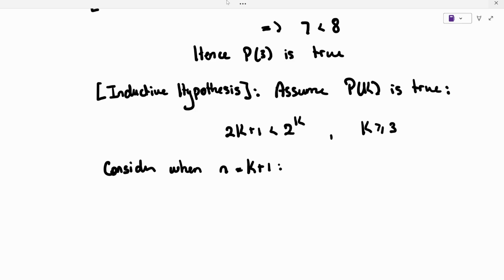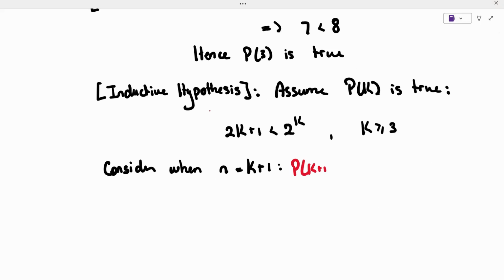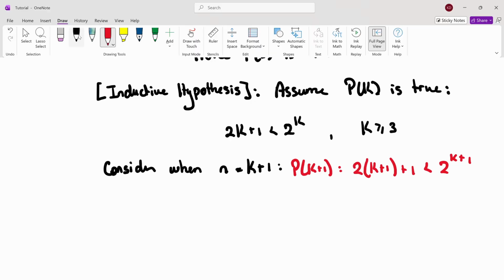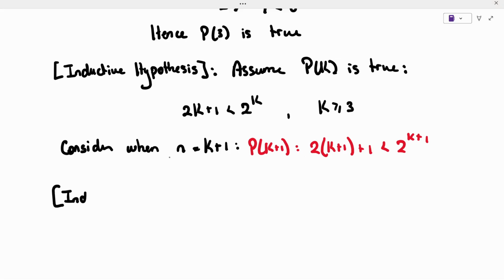So what is P(k+1)? P(k+1) is 2(k+1) + 1 is less than 2^(k+1). So this is a statement that we need to show is true. So, all right, this is our proving our inductive step now.